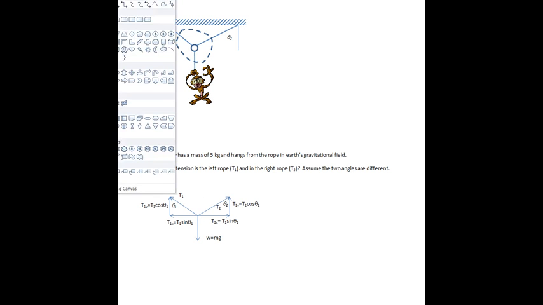Okay, so now we've got the vectors broken down. And I guess we'd put a little squiggle in here to let us know that we've replaced these with the equivalent forces. So T1, T2, we've broken that down into those equivalent forces.